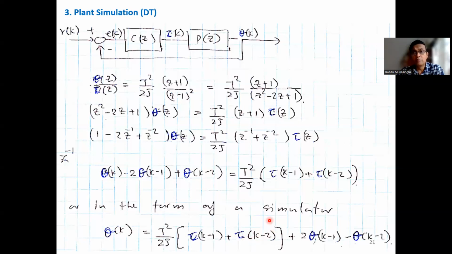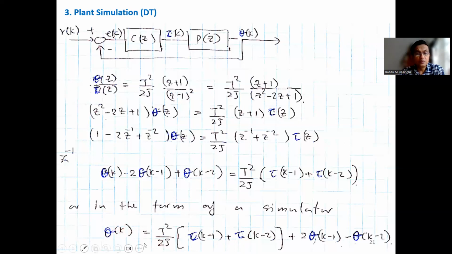Let's say these are all past things and we don't know what these values are, and we are yet to start the system simulation. So all past things, that is anything at negative time, you can set to 0. So what you are left with is only theta k. So theta k is 0, because this is 0, this is 0, this is 0, the whole thing is 0. So that is your first step, theta 0 is 0.